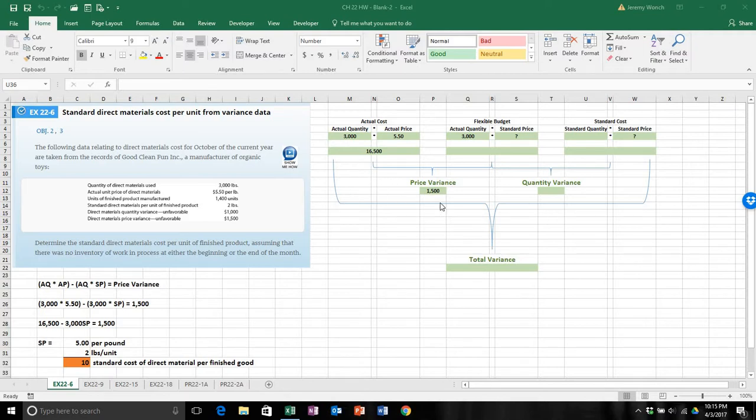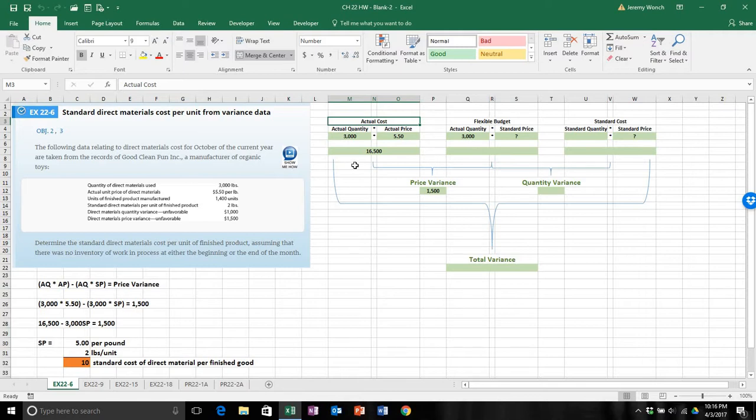So how these variances work is, it's a budget versus actual. So we have our actual cost of what we spent, and we have our standard or our budget. And the difference between our actual and our budget is going to be the total variance. To isolate what's just related to price and what's just related to the quantity, we do this flexible budget.